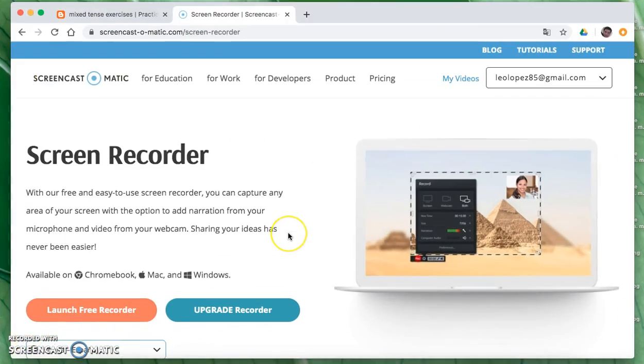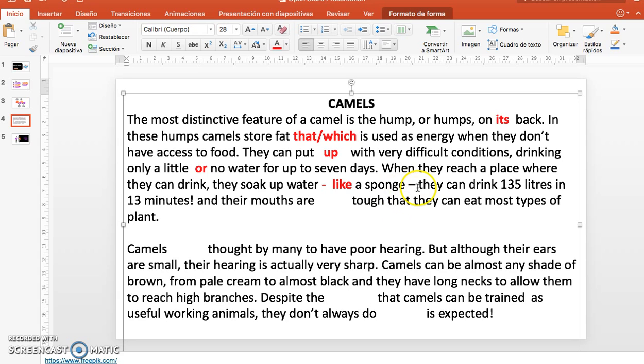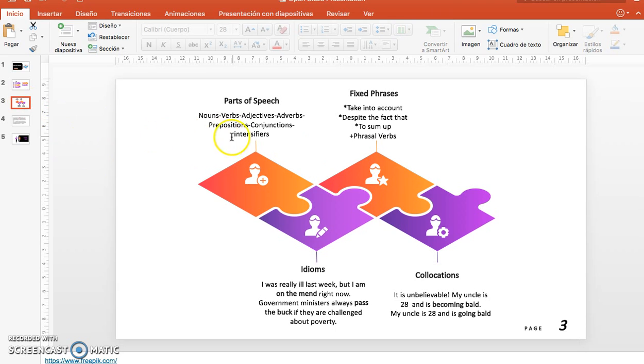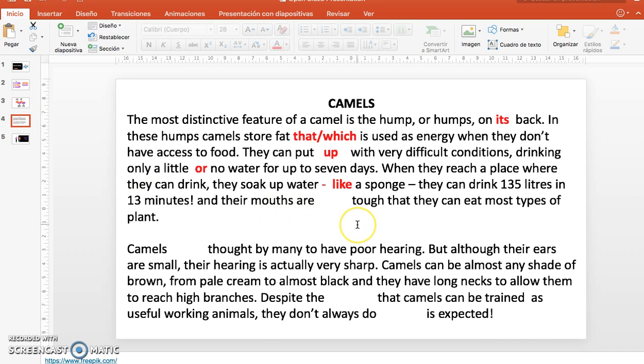We continue. We have, they can drink 135 liters in 13 minutes, and their mouths are tough that they can eat most types of plant. Here we have an adjective. So what we can use before an adjective are the intensifiers. And as I told you before, the intensifiers are words like very, so, too.